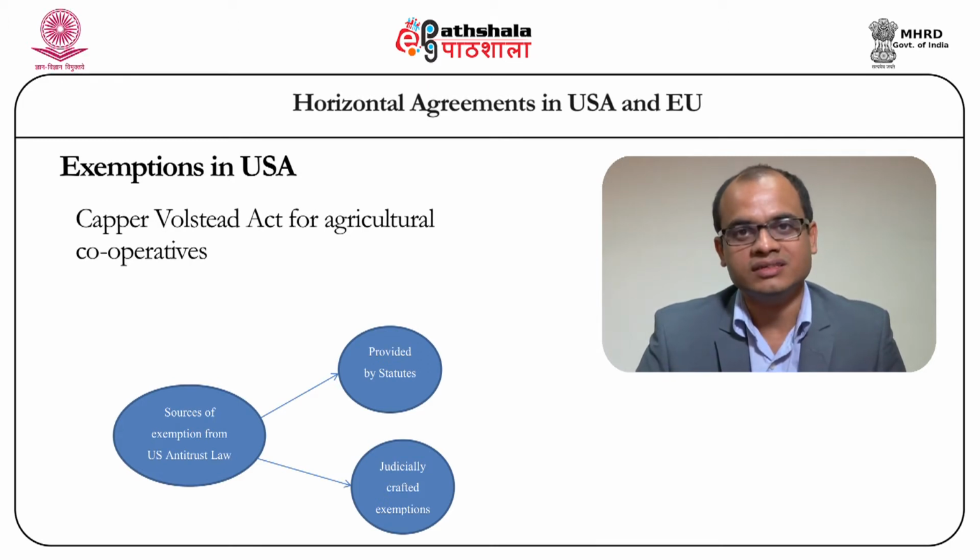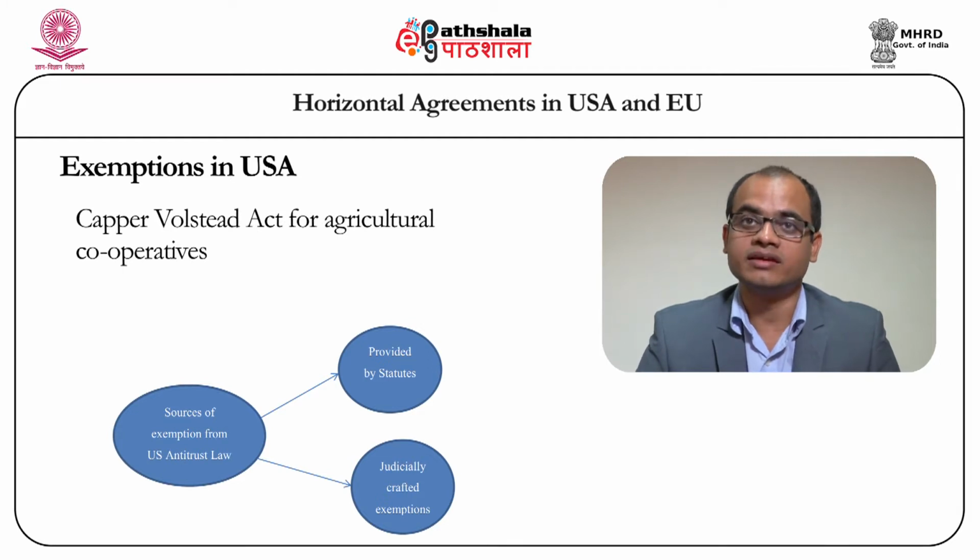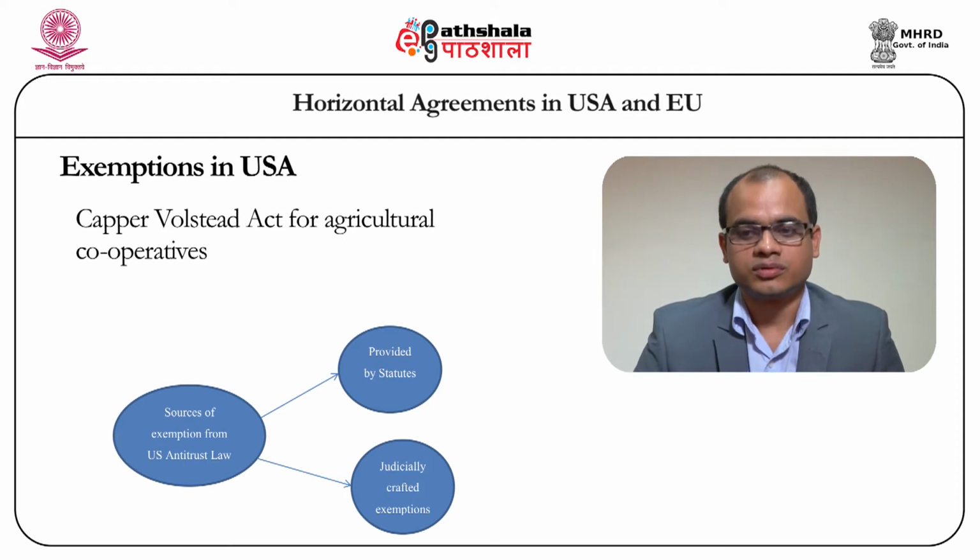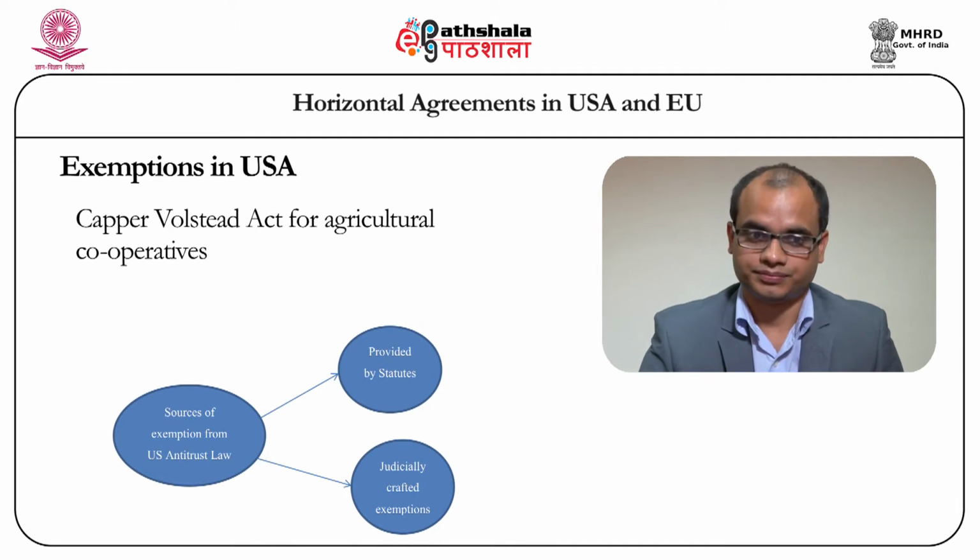Examples of plus factors which need to be shown for proving that the agreement is anti-competitive include a price fixing conspiracy, evidence that the defendant acted contrary to its own interests, and evidence implying a traditional conspiracy. So there can be two types of evidence, and as we have already discussed, it needs to show that there is non-competitive behavior in the market.